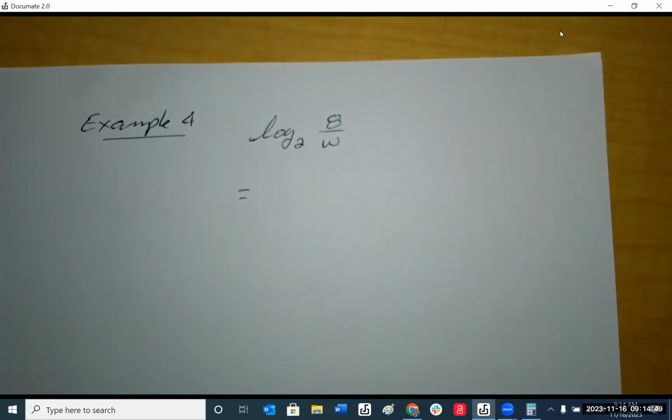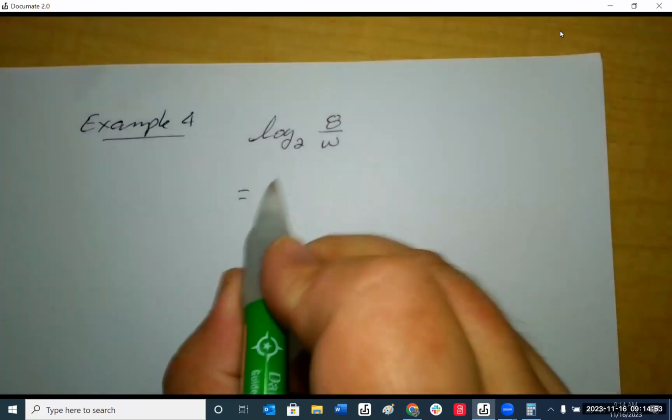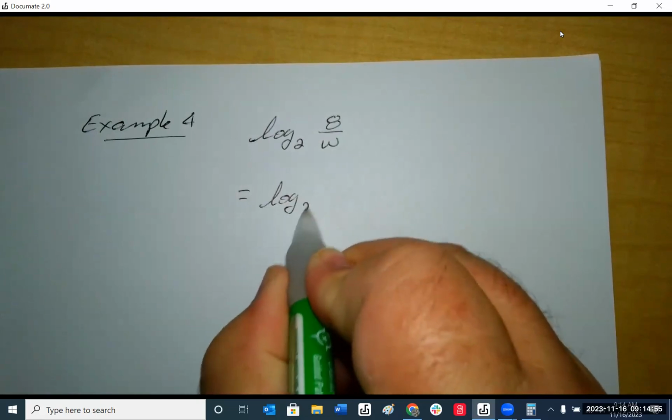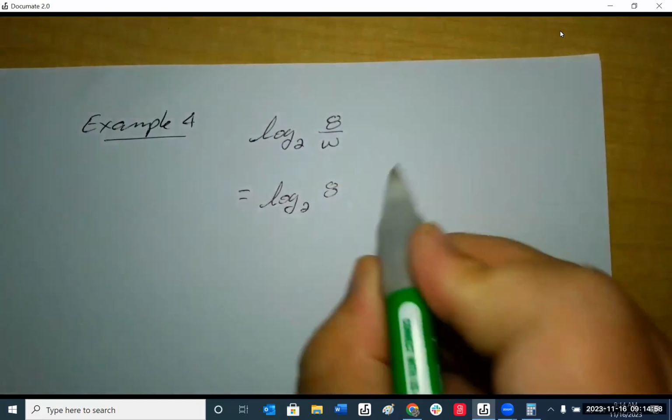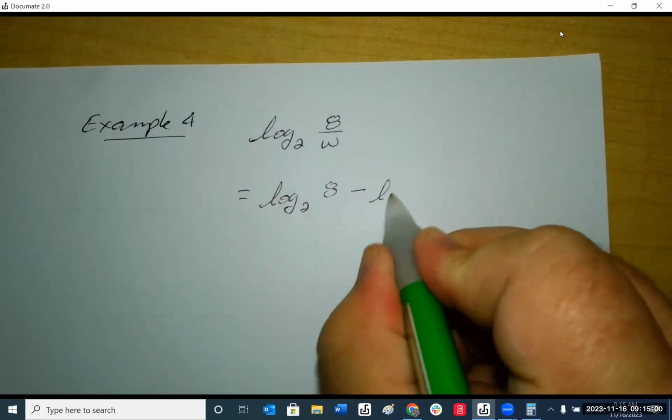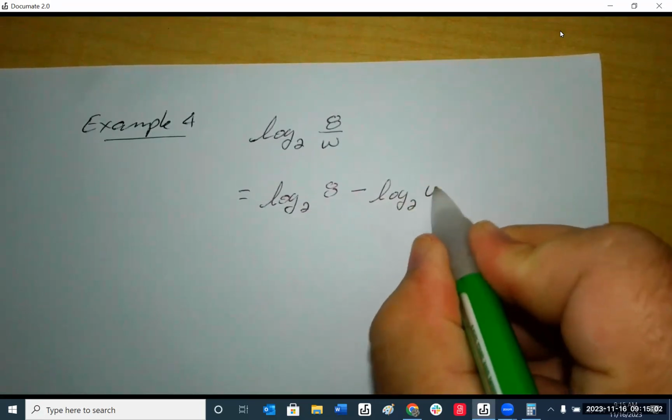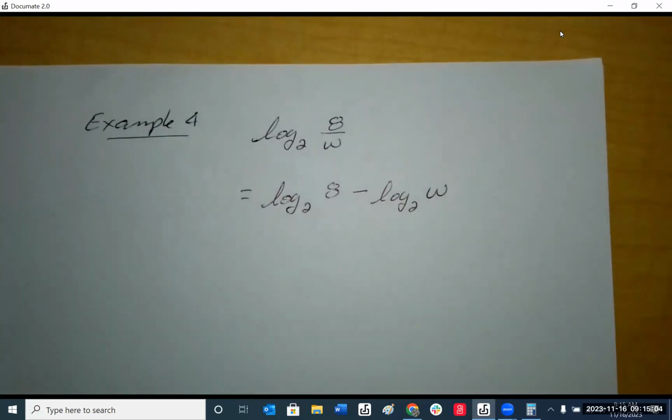Since it's a fraction, what do we do? Very good. Whatever is on top goes first, minus whatever's on the bottom.